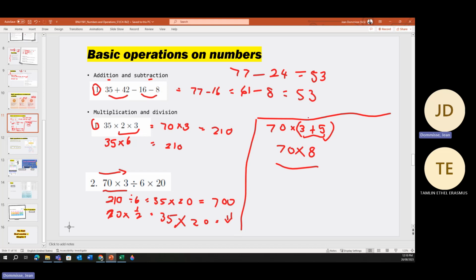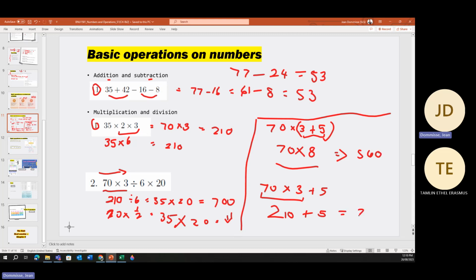If there weren't brackets, and it was 70 times 3 plus 5, we would do multiplication first. So then it would have been 210 plus 5, which gives 215, whereas 70 times 8 would have given us 560.